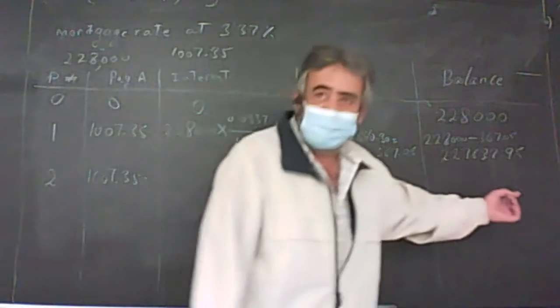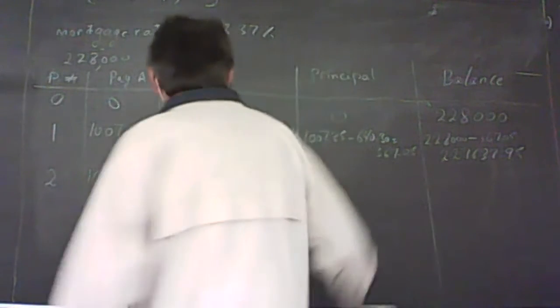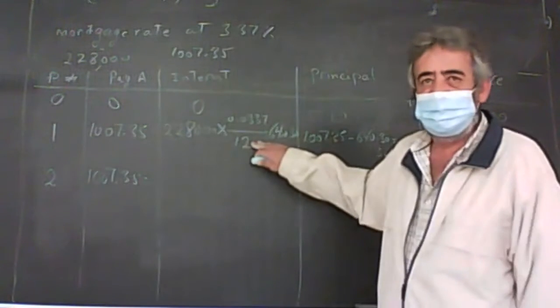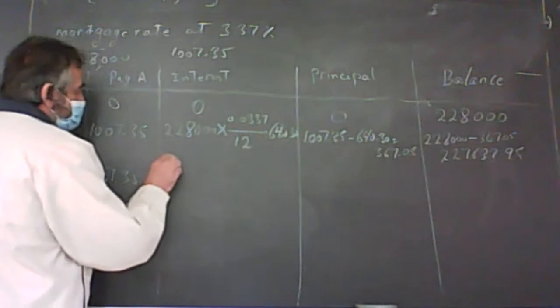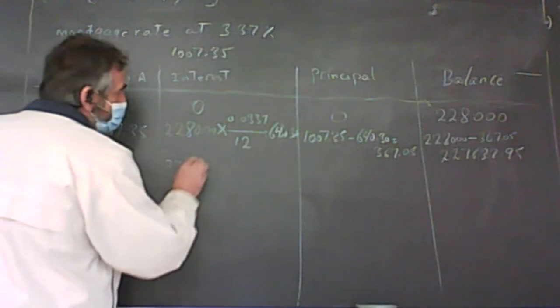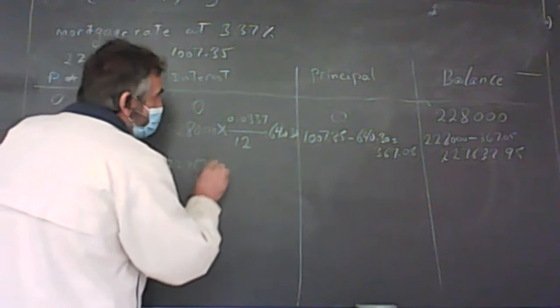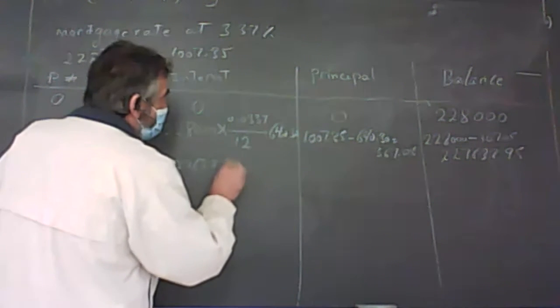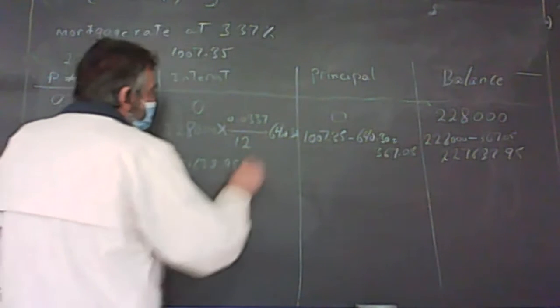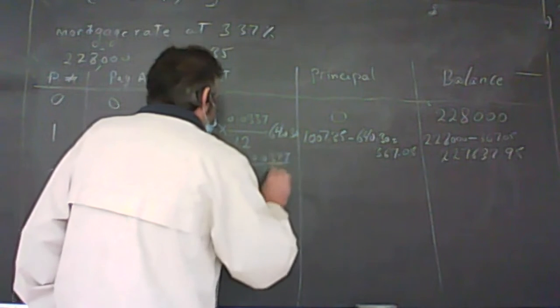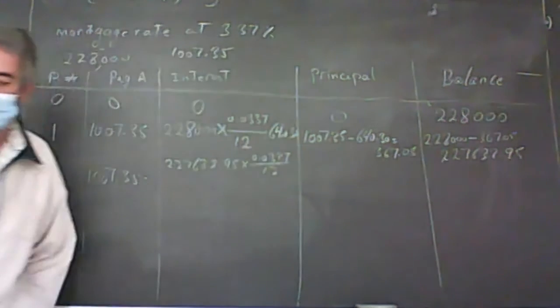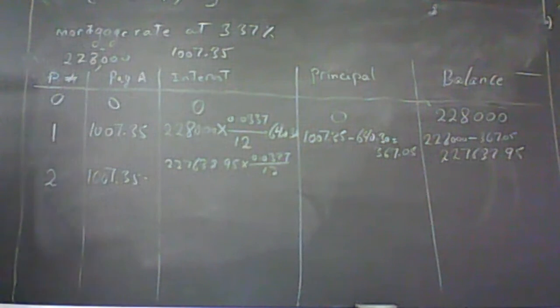Now I look at the new balance and multiply by the interest rate. The new balance is 227,638.95, times 0.0337 divided by 12, and whatever number I get is my interest.